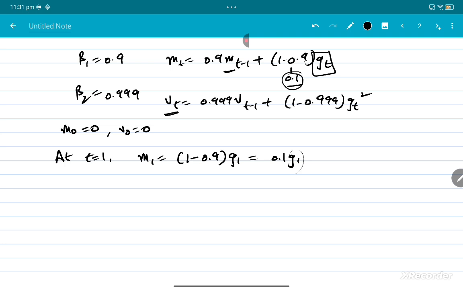In order to fix this issue we generally use redefined parameters for both of these moments. We define m_t hat equal to m_t divided by (1 minus beta 1 to the power t), and secondly v_t hat equal to v_t divided by (1 minus beta 2 to the power t). But this correction does not affect all the iterations.